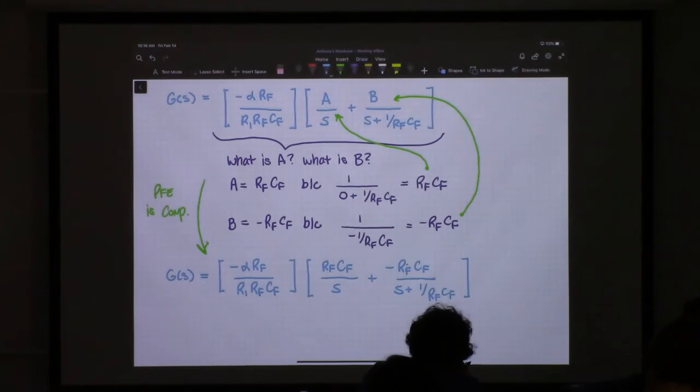We have a form in the Laplace table that fits 1 over s, and we also have a form or an element in the Laplace table that fits 1 over s plus something.